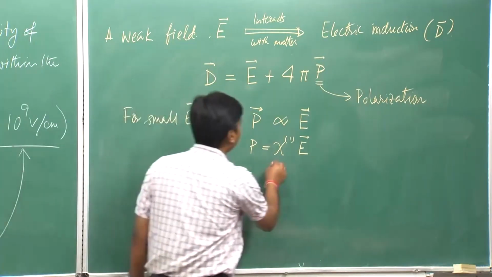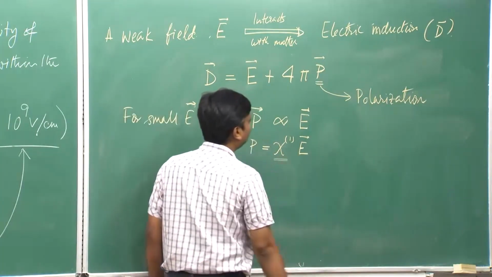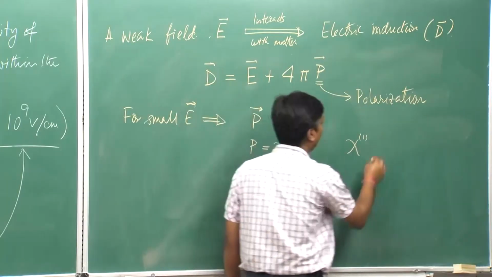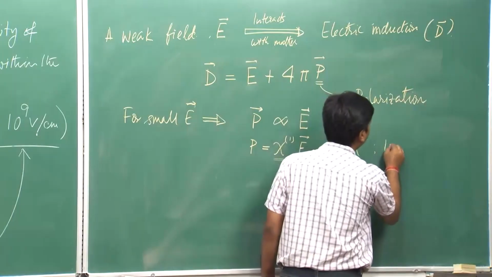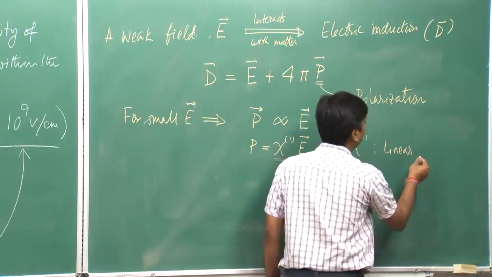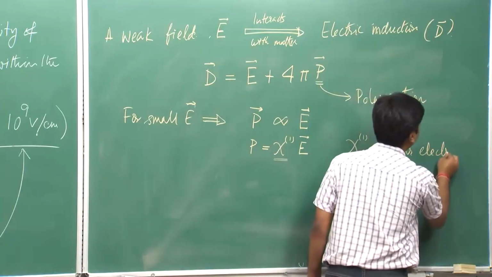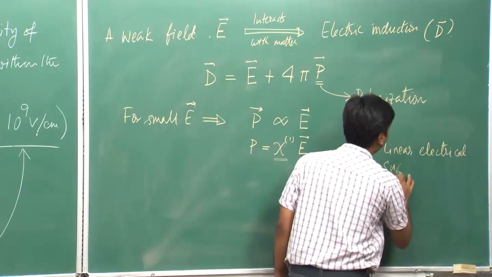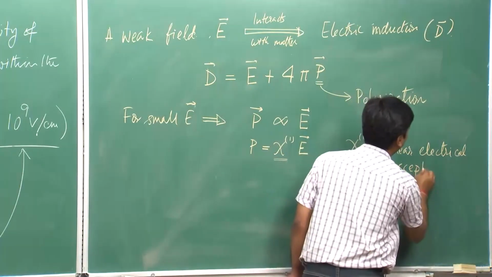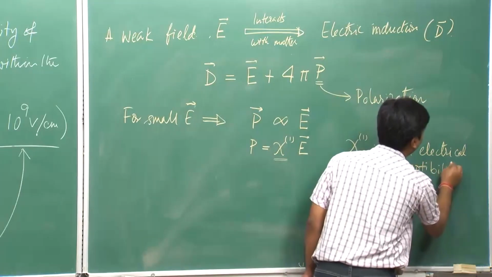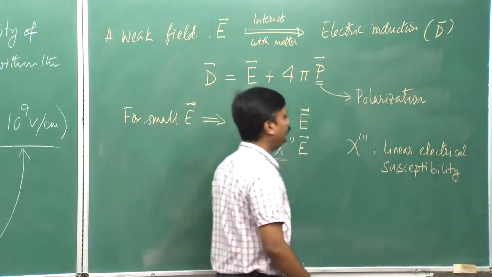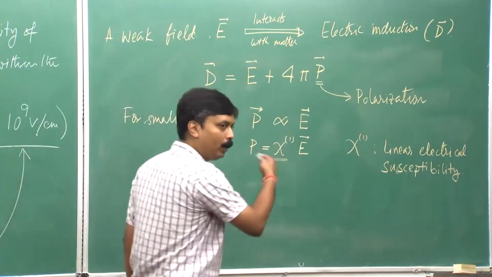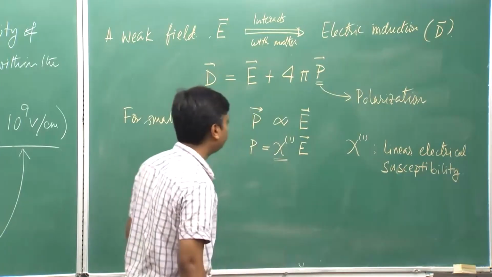This constant chi, let us call it chi 1, is known as the linear electrical susceptibility. This is a very important quantity. We will talk about this a little bit in a while.